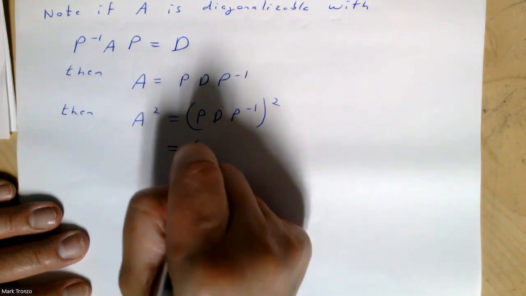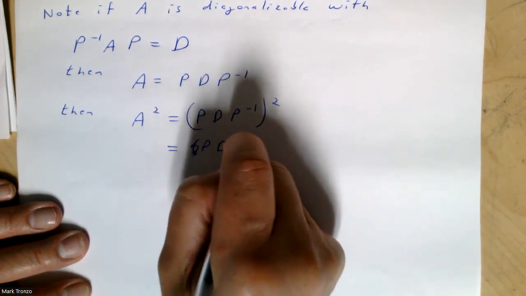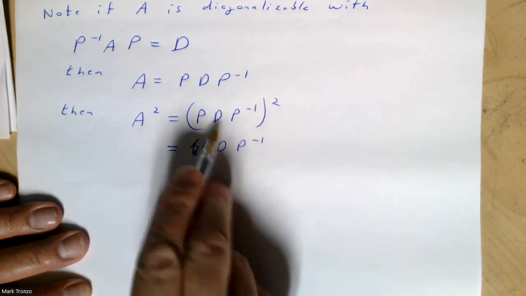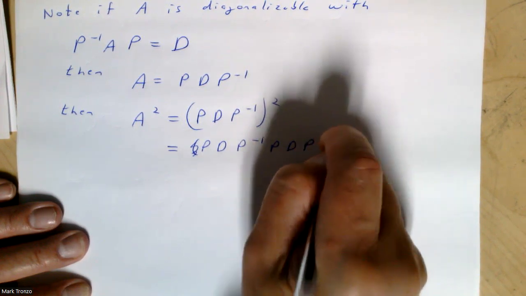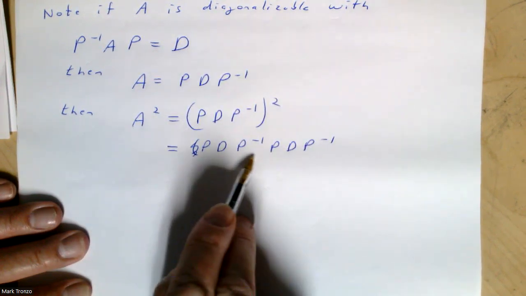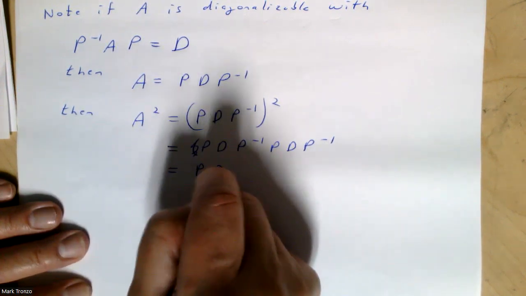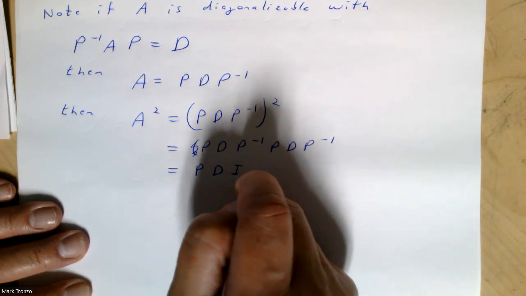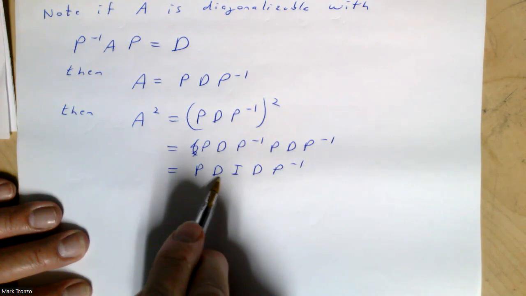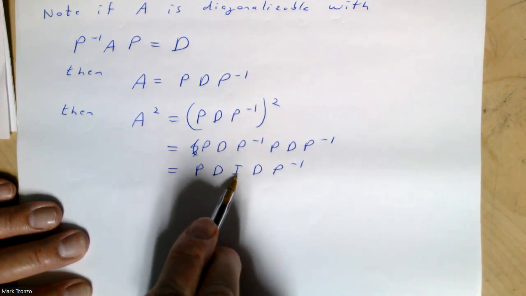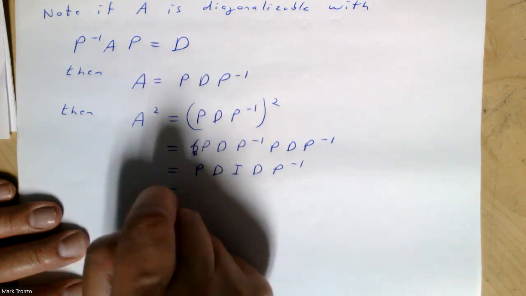If we square this, it is going to be P D P inverse times itself, P D P inverse. And again, the P inverse times P in the middle is the identity, so that is just going to end up going away.